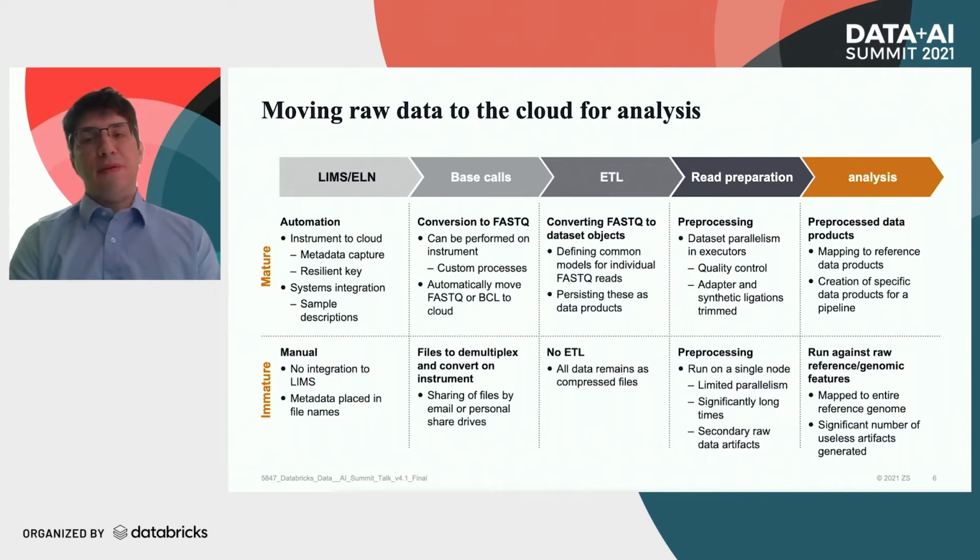ETL. We need to be able to take that FASTQ file, that raw text file that's on the magnitude of 200 plus gigabytes, and we need to be able to ingest it, curate it, and prepare the reads, the next step, where we're cutting off the adapters and the other sequencing preparation methods.